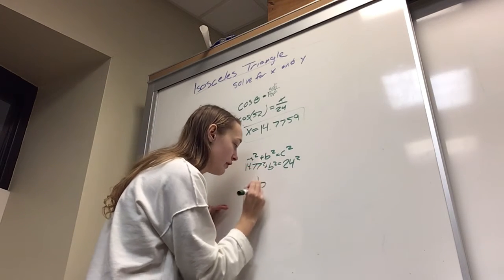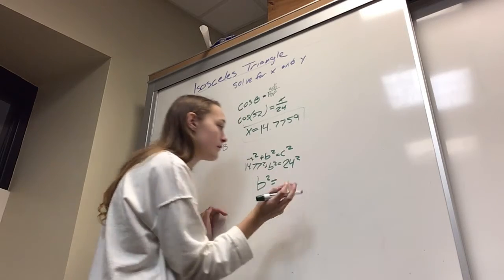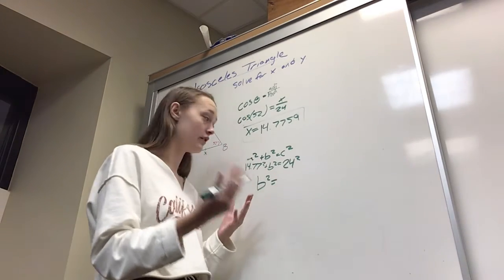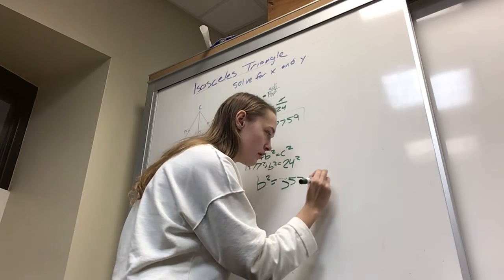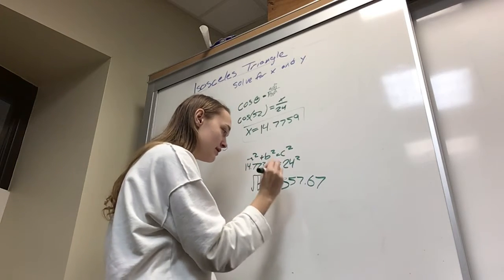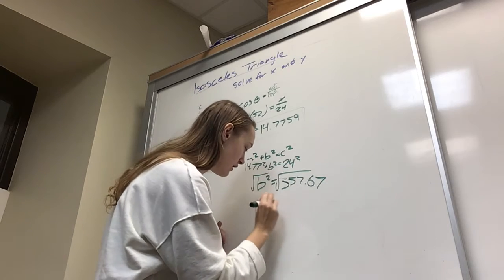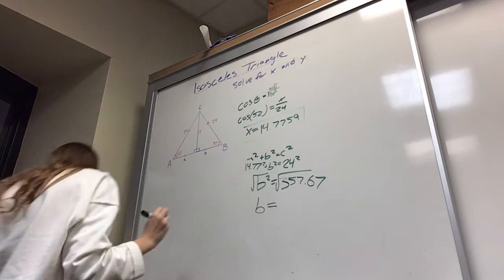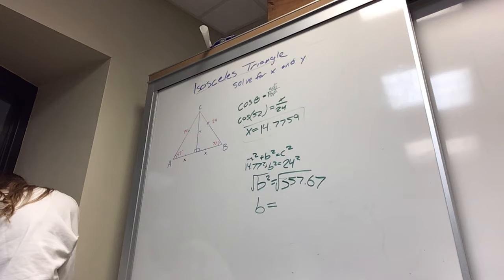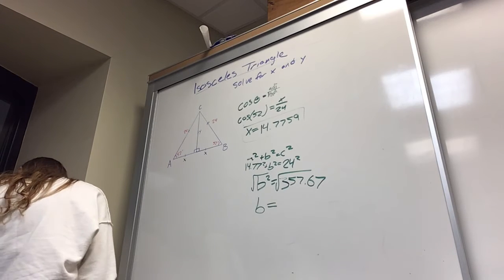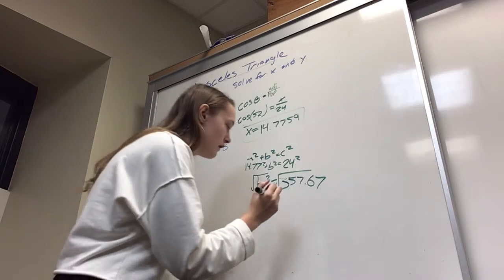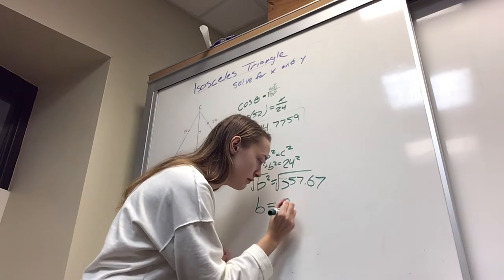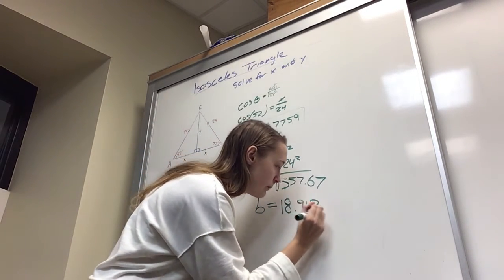Using our calculator and normal algebra, we find that b squared equals 357. Then we square root both sides, and we get b equals 18.912.